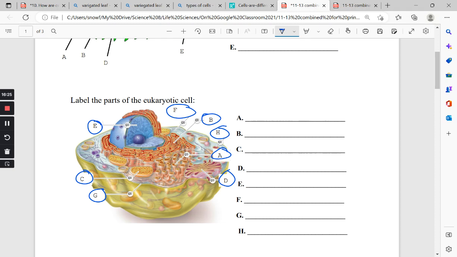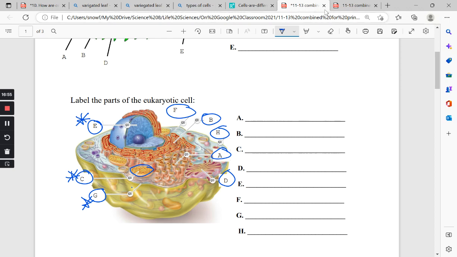If you feel like you're stuck and you can't really figure out what they all are, C for sure. If you can try to get E, that big one, try to get C, which is this thing right here, and G, which looks like this kind of greeny yellow thing that's covering the outside. Okay, so pause the video and let's come back to it.